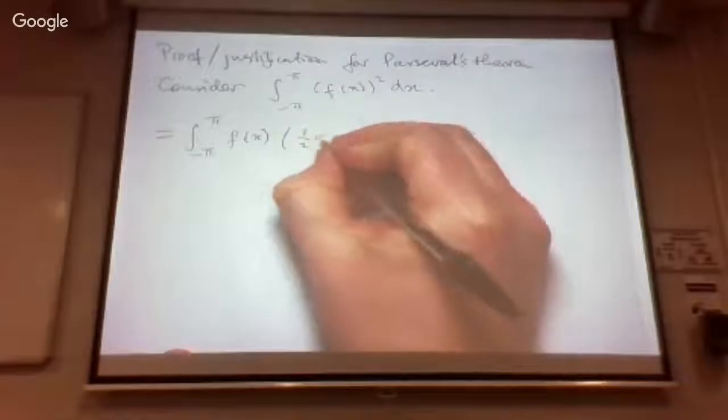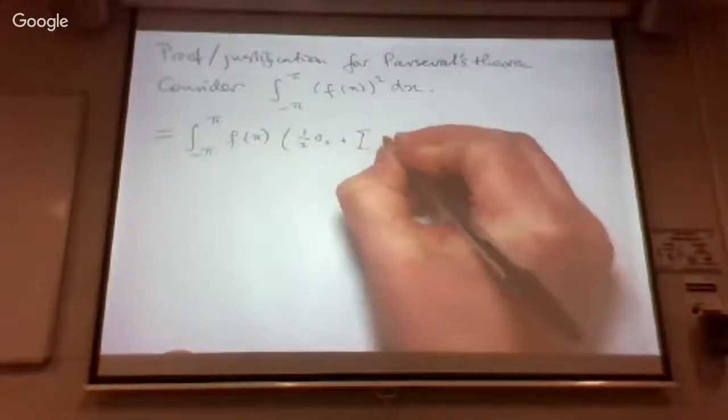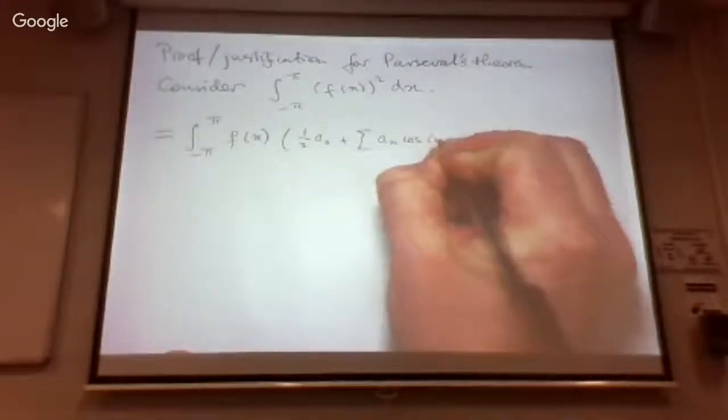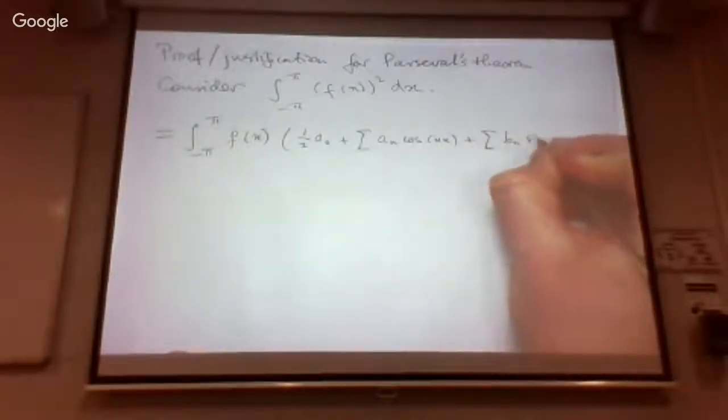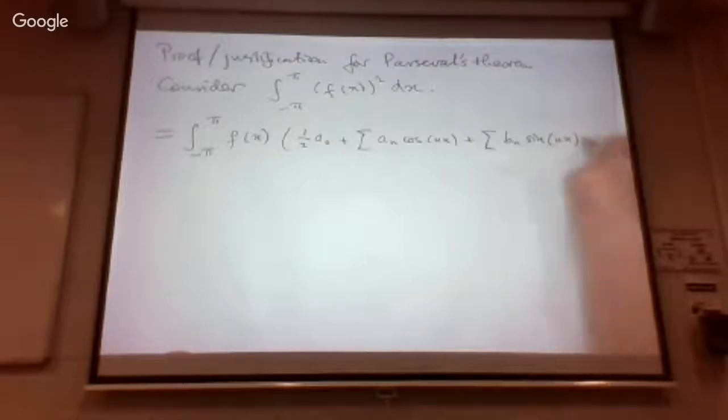So this is your half a naught plus the sum of all your an's cosine nx plus the sum of all your bn's times sine of nx. We're assuming we have this Fourier series for the function, so we can replace the function by this.